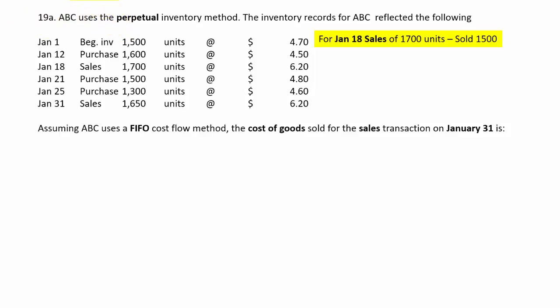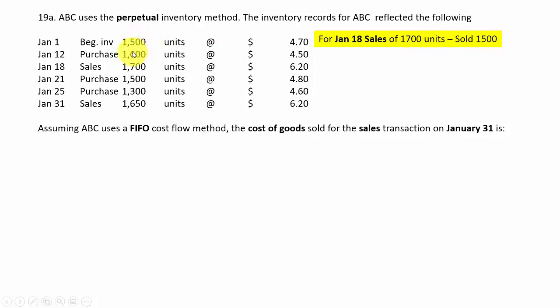We got to go all the way back. When we sell these 1,700 units, these 1,700 units are going to be taken out in the following way. You take all 1,500 of these, they are all gone, which is what I'm showing you right here. For the January 18th sale, you sell all these units right here, and you've got 200 of these left, right?